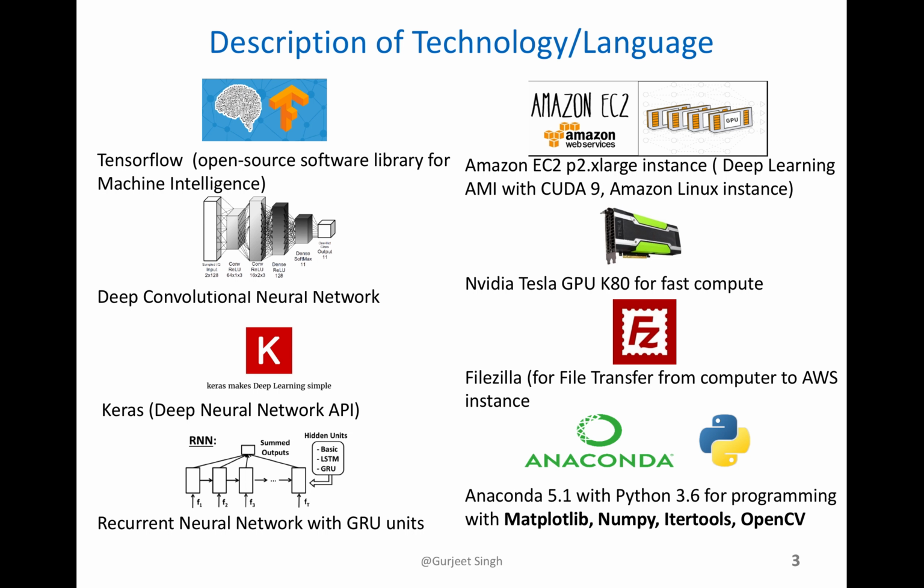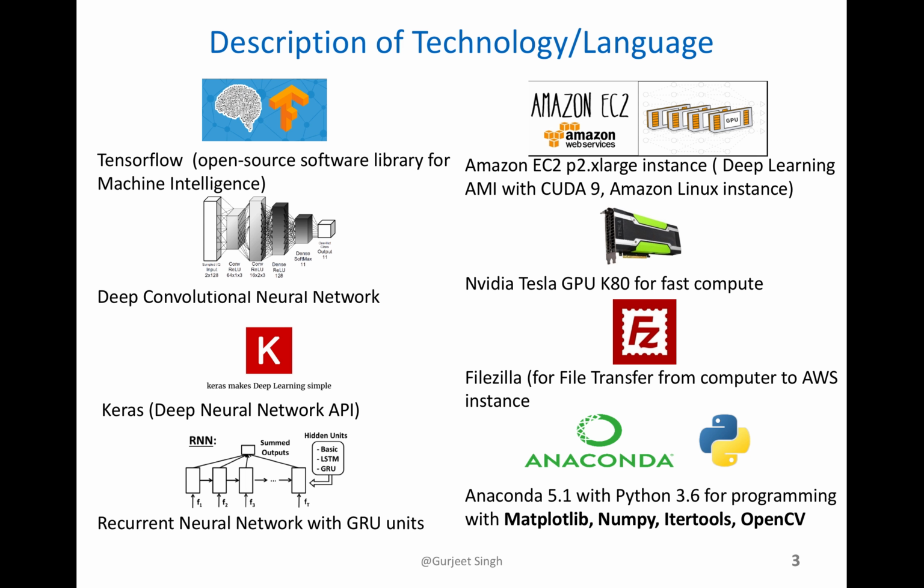This model training was performed on Amazon AWS using P2 xlarge instances, where I have used the NVIDIA Tesla K80 GPU for fast compute so that I can train my model fast. For transferring all my files and data from my computer to AWS, I have used FileZilla.